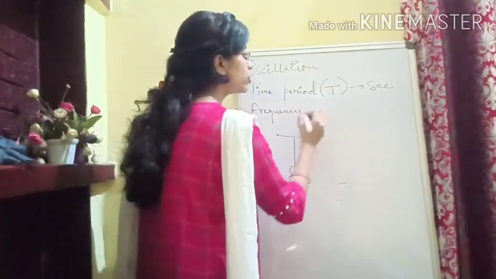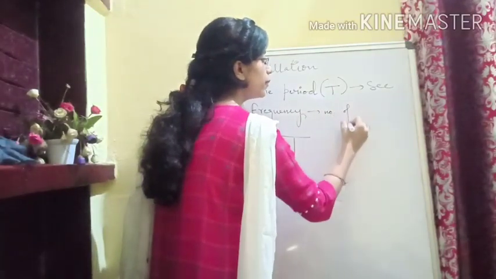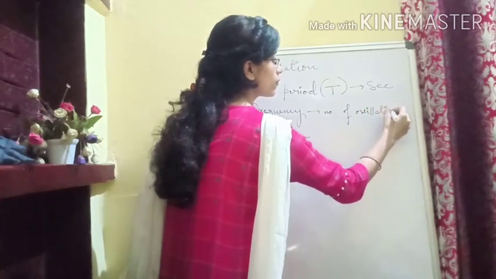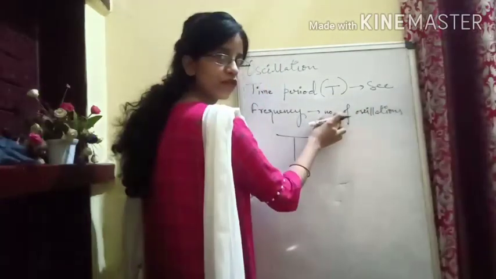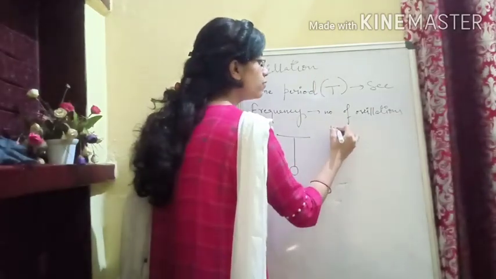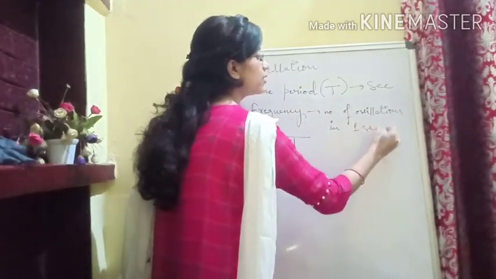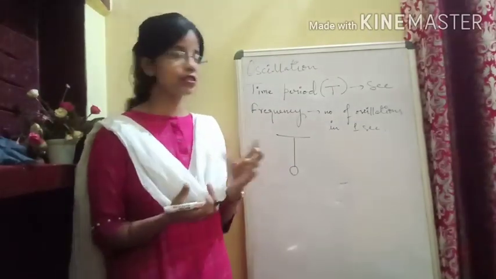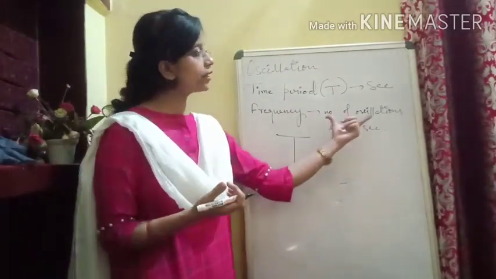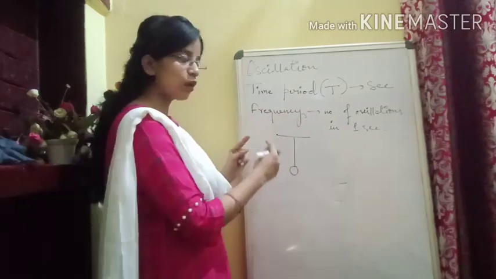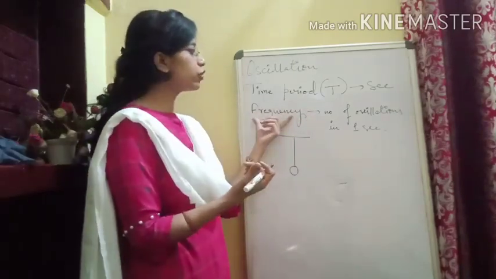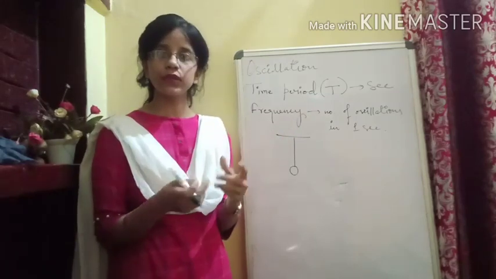Simply, frequency is the number of oscillations in 1 second. Whatever number of oscillations the bob does will be its frequency. Like if in 1 second it is doing 30 oscillations, what will be the frequency of the simple pendulum? It will be 30.